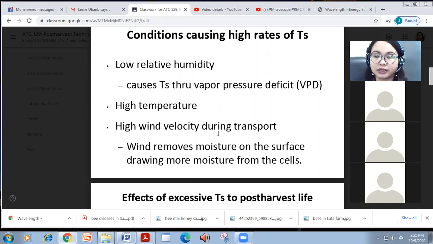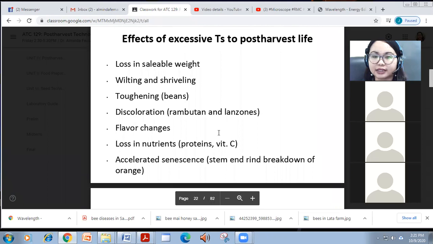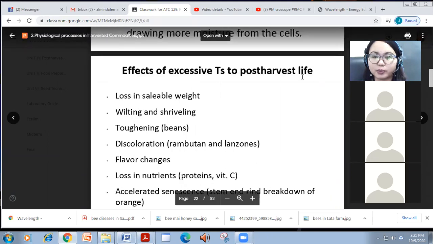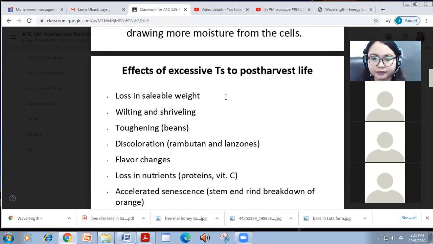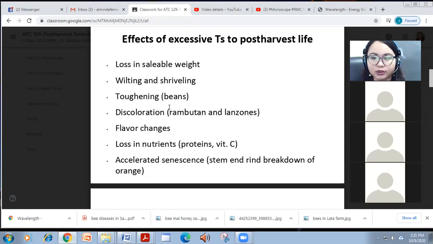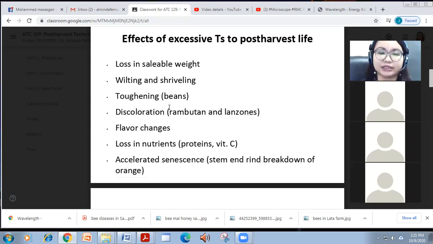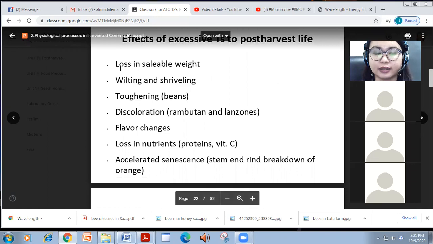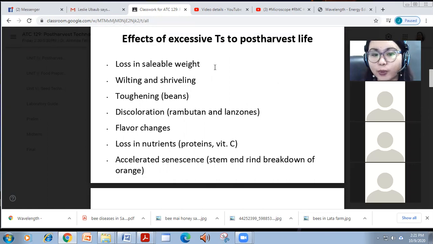And take note that as transpiration increases, if it is excessive enough, it is bad for post-harvest life. Although its intention is good, to cool down, if it is excessive, it will affect post-harvest life. It will lose its saleable weight, wilt and shrivel, toughen the beans, and discolor rambutan and lanzones.